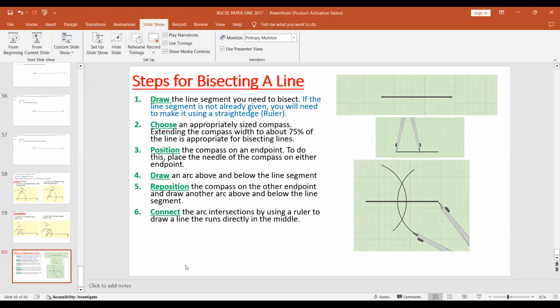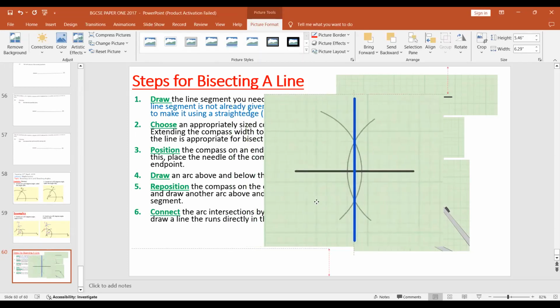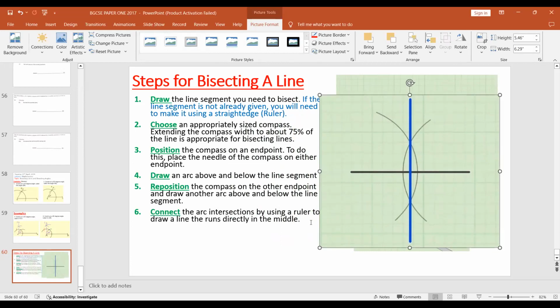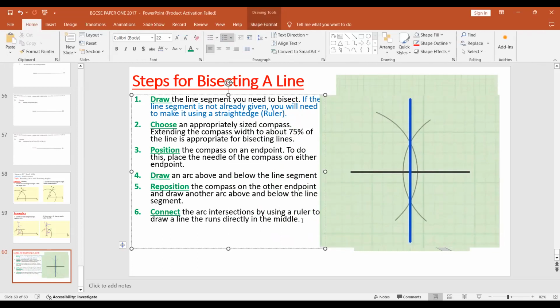And it's gonna be just like this. And we call this line the line which bisects, or we could say the line which cuts the... I'm gonna say this line is called the bisector.